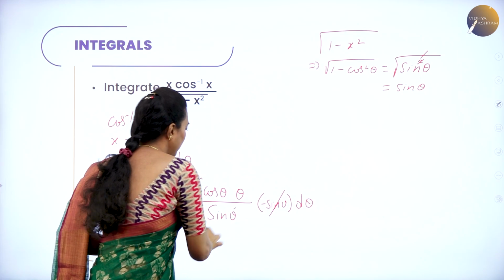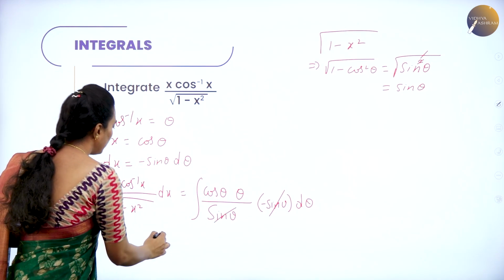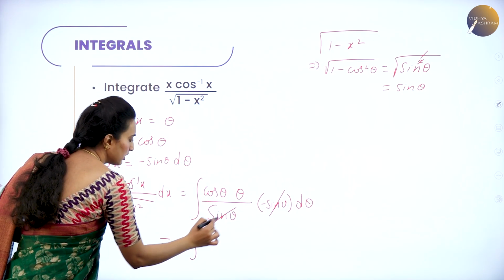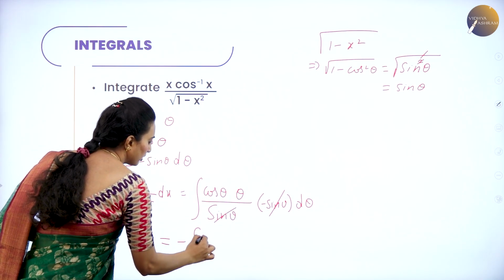Now here sin theta will get cancelled. You are going to remain with only minus, because minus sign is there, theta into cos theta.